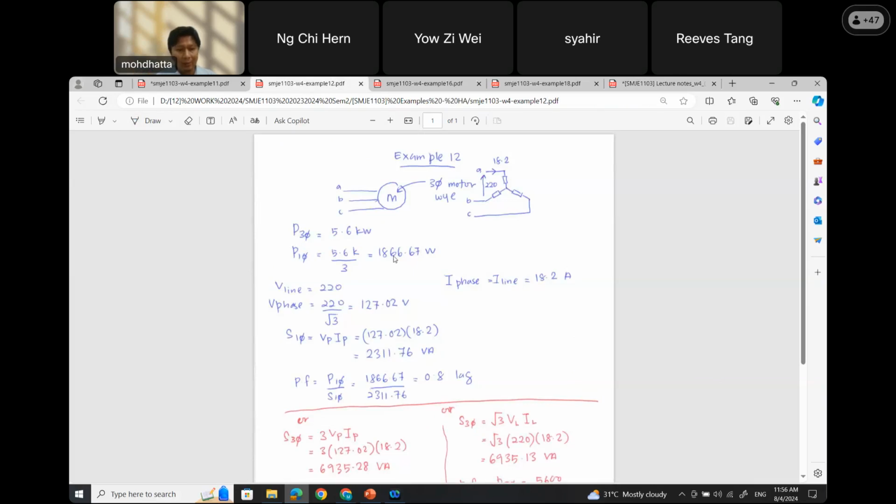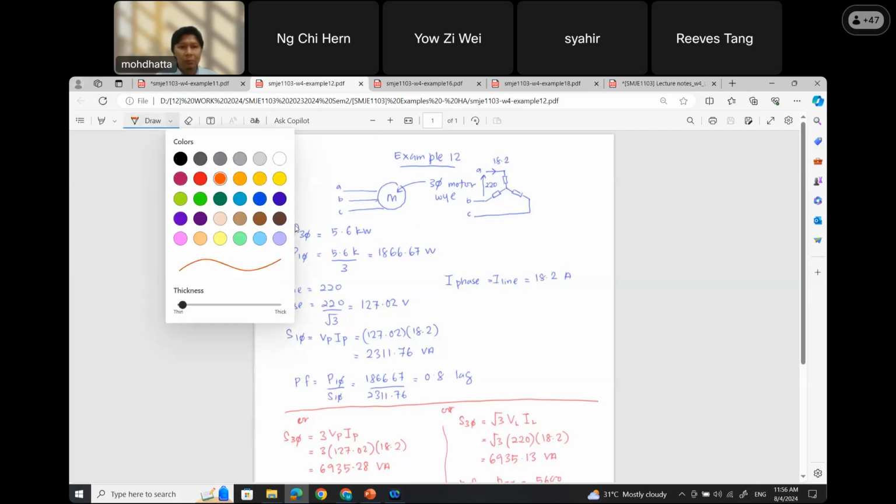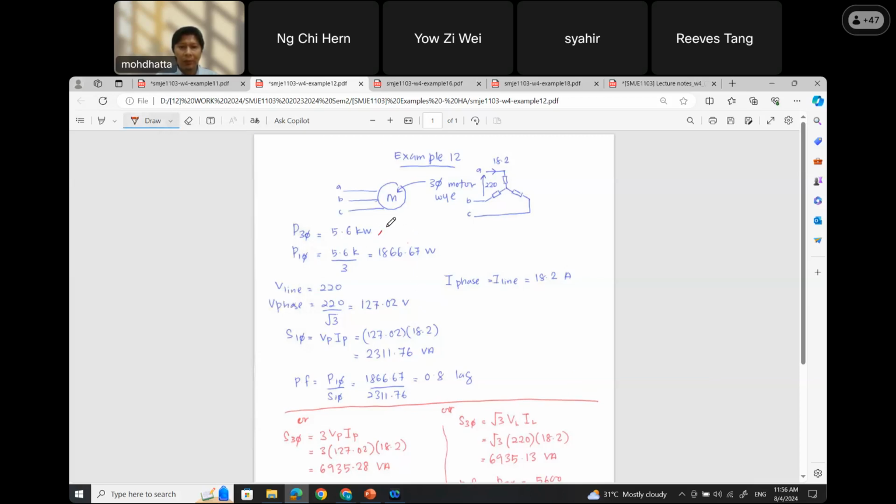As I mentioned just now, the information that we have is the three-phase power, which is 5.6 kilowatt, and we can straight away get other information not given in the question, which is the single phase power, 1,866.7 watt when you divide it by 3.